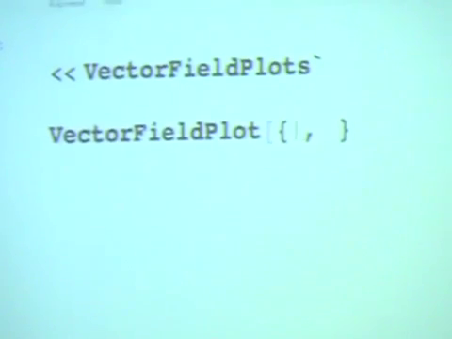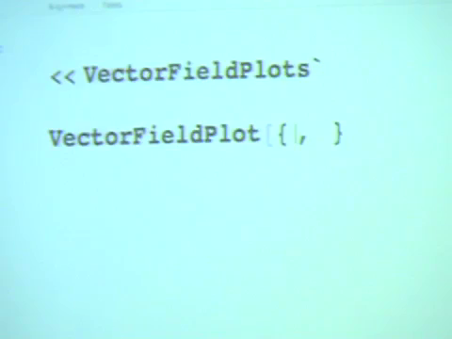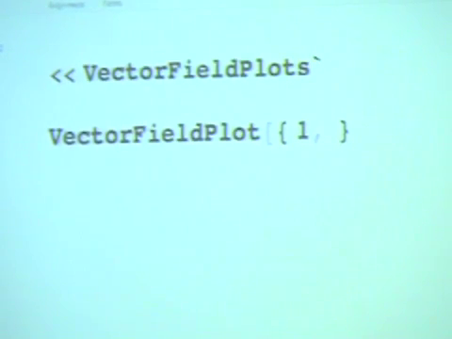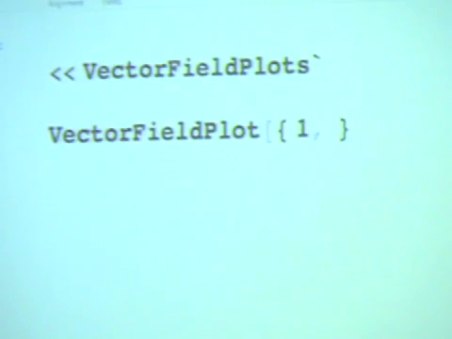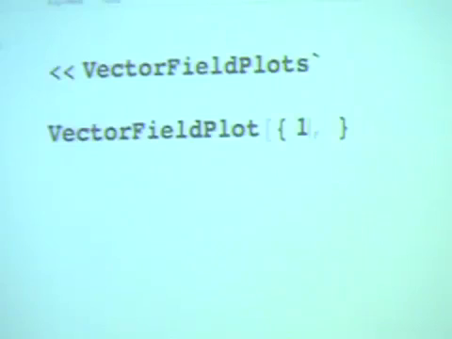The first entry in this list before the comma for slope fields will always be a 1. When we get to chapter 2 and beyond, and we create true vector fields, that won't always be a 1.